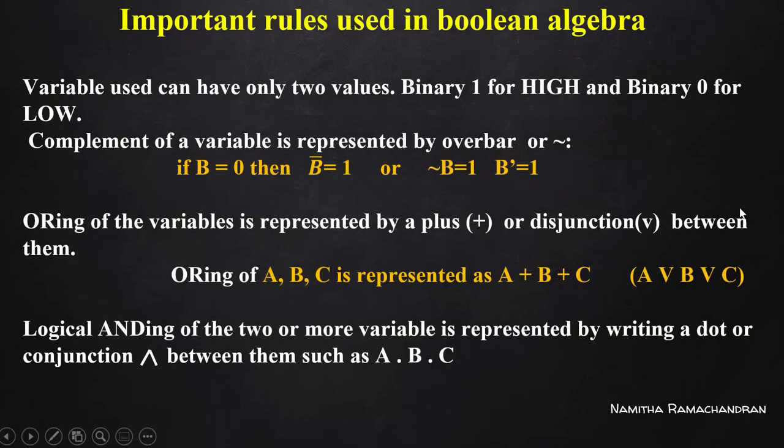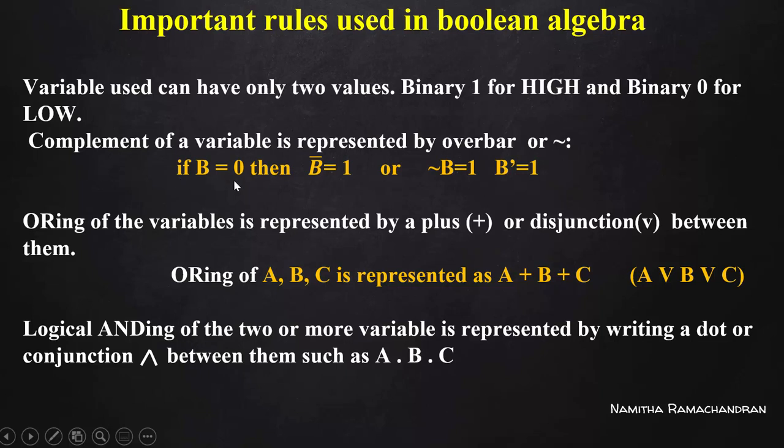Okay. So here we have some important rules associated with Boolean algebra. As we have already mentioned, the variables can take only two values: binary 1 for representing high or true, and binary 0 for representing low, that means false. Next, the complement of a variable is represented using an over bar or using this tilde symbol.